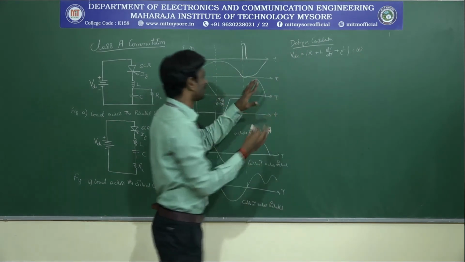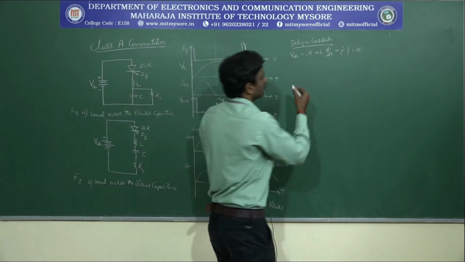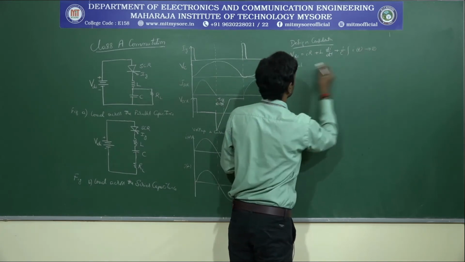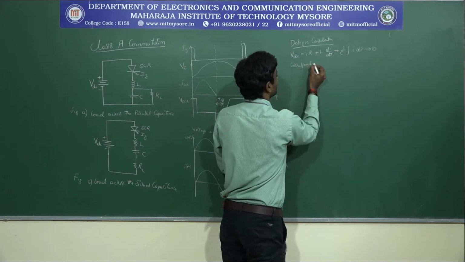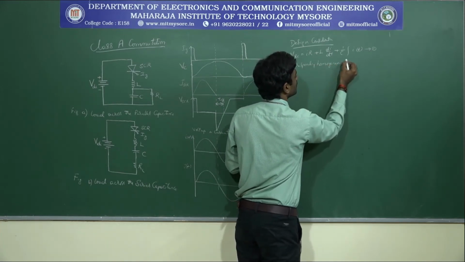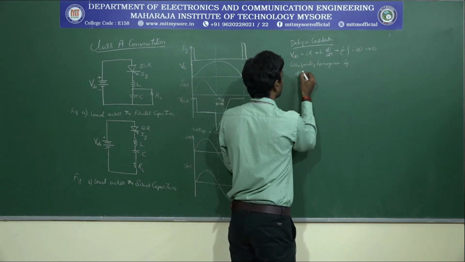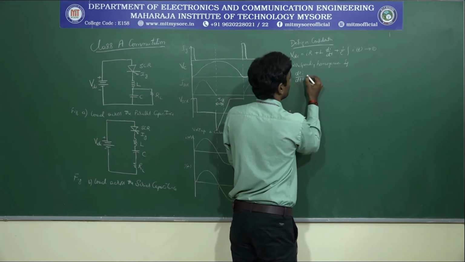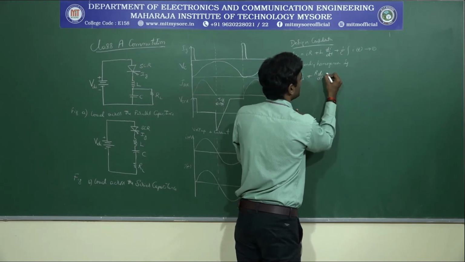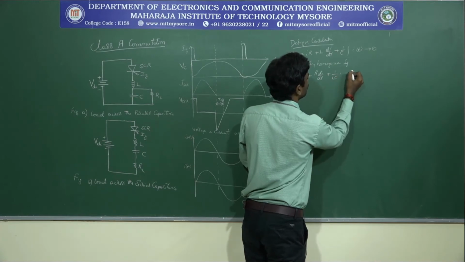So this will be my design consideration for a series RLC circuit, which I will consider as equation 1. The corresponding homogeneous equation for the above can be written as d square I divided by dt square plus R into di by dt plus 1 divided by LC into I equal to 0.